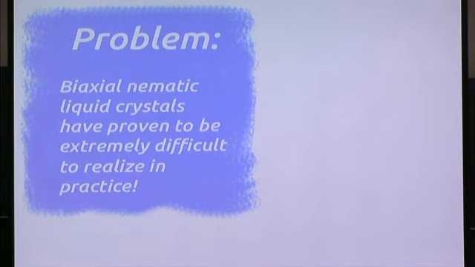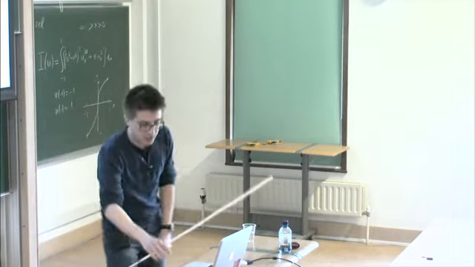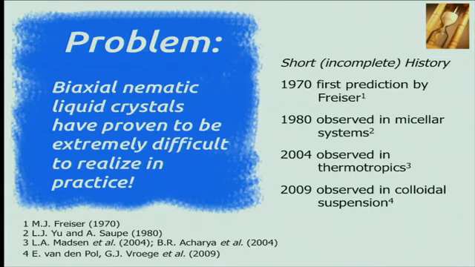In other words, it's extremely difficult to design a system in which biaxial nematic phases can be observed as stable thermodynamic phases. So just to have an idea, and to repeat things already said before, this is a very short and incomplete history of biaxial nematics.